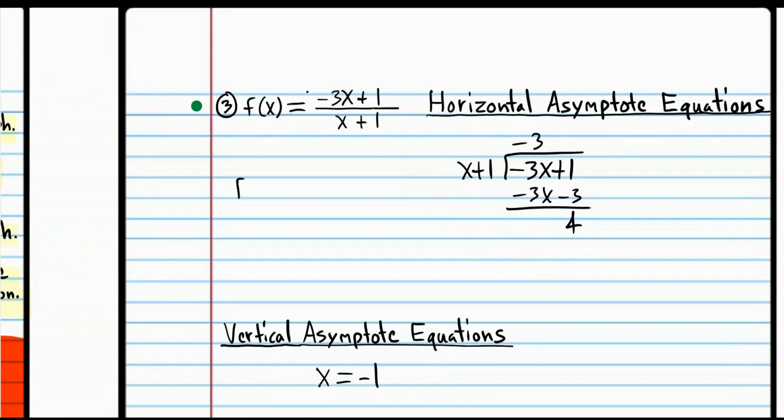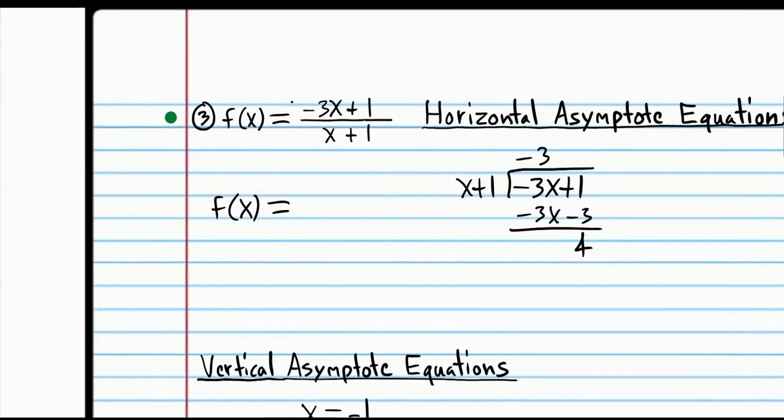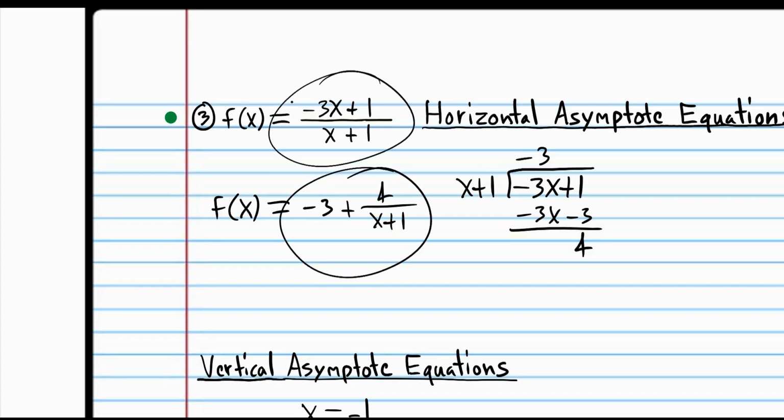And that shows us how to write the fraction in proper form. So we have -3 plus 4 over x plus 1. So this is just a different form of the expression that we were given.